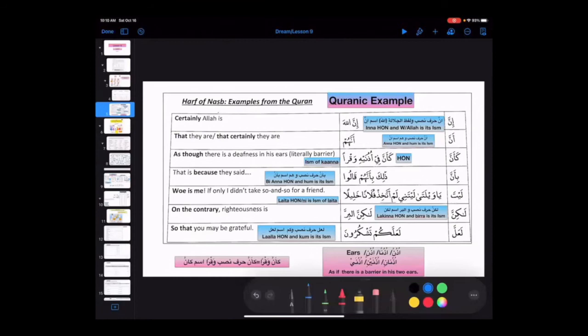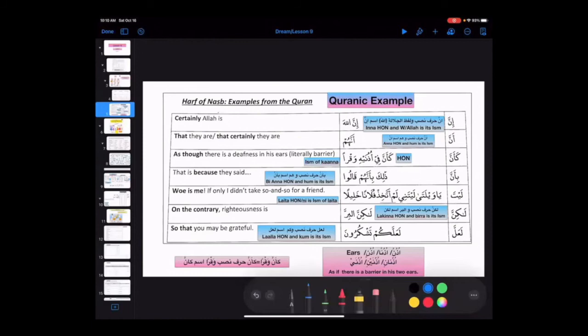Today I should open up for you when it is going to be nasab and when it is going to be jar in status. When I say innal muslimina, indeed Muslims, inna came, so what do we expect after that? Ismu inna, which should be nasab in status. So in this case, this al-muslimina is nasab in status.